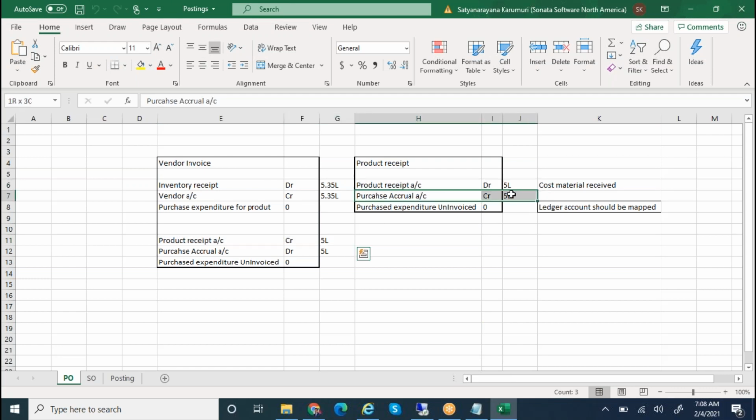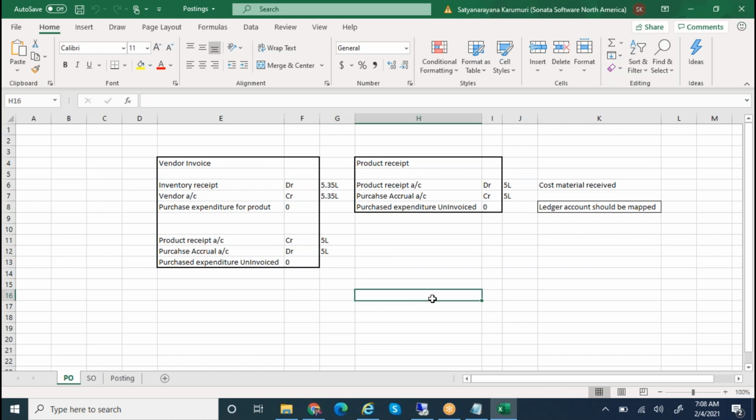This 5 lakhs credit is posted as debit at the time of invoice. So this will nullify this voucher, and these are the final postings. In this example, I have taken 25,000 and 10,000. Yeah, that is a perfect example.